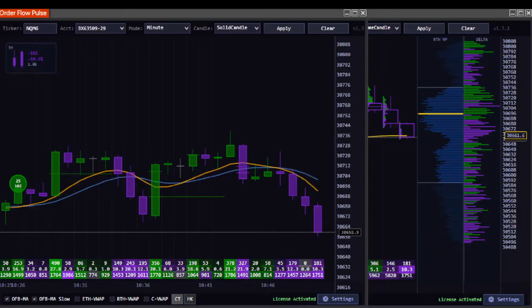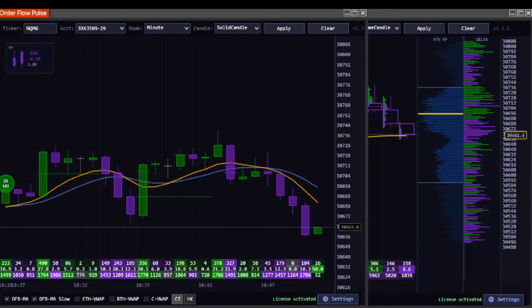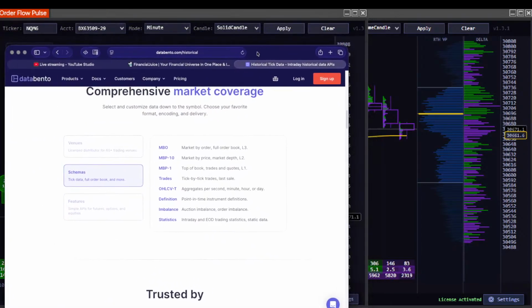Real time market data. I see docs, MBO data, API reference. Don't need that. Company, pricing, products, live, historical data. I think we got this historical data. I need to show you what schemas. There we go, schemas. So when you go to Databento and you get historical data, I am using MBO order.